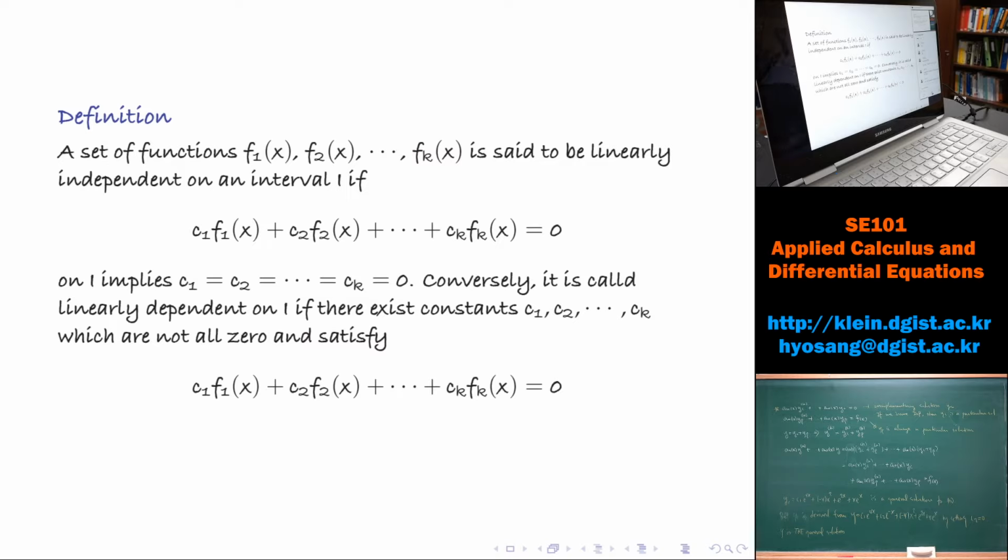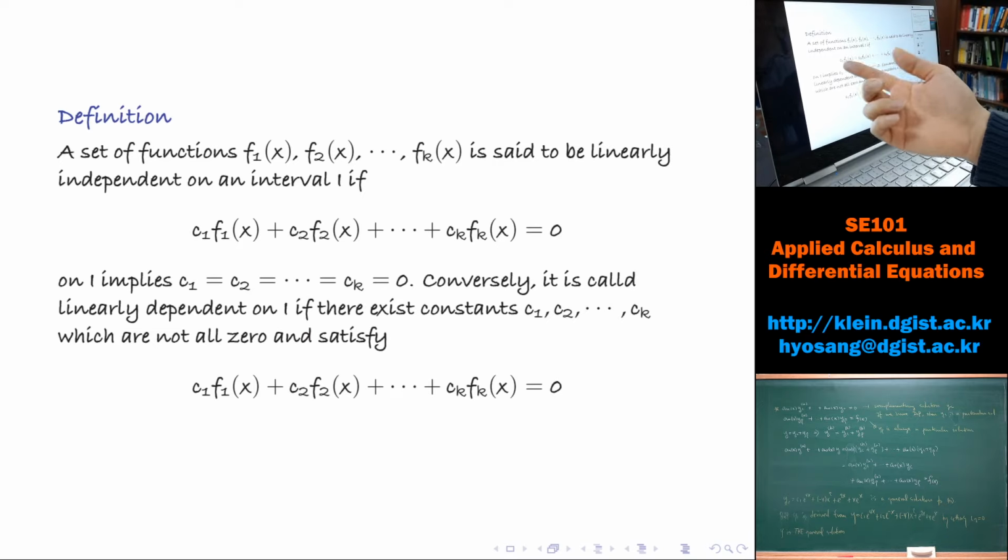Which means that if we want the sum of functions with constant coefficients to be identically 0, the only way we can do that is setting these coefficients to 0. If coefficients are 0, it's obviously a 0 function, right? We're not talking about that.